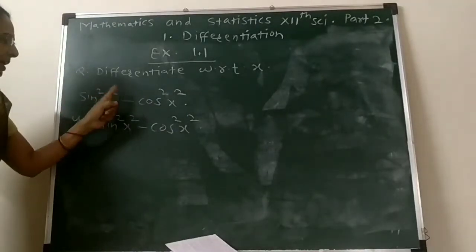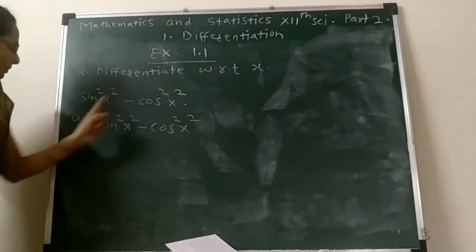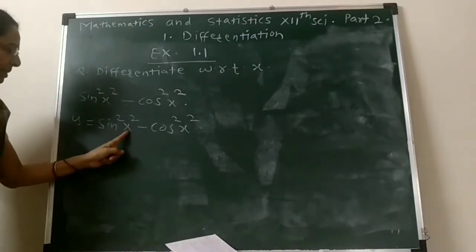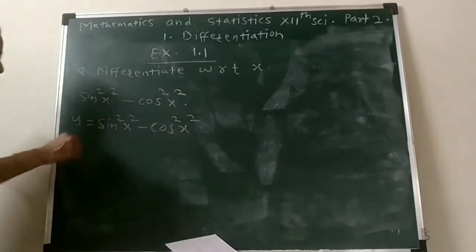Sin square x square minus cos square x square. Y is equal to sin square x square minus cos square x square.